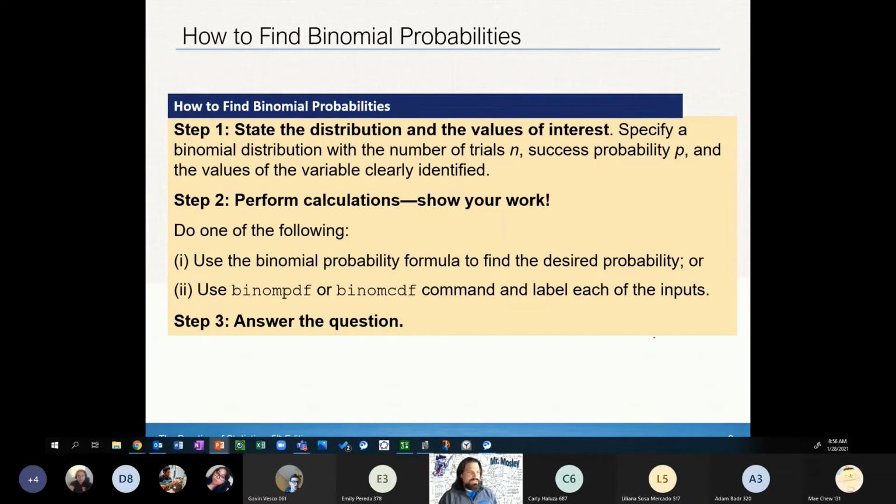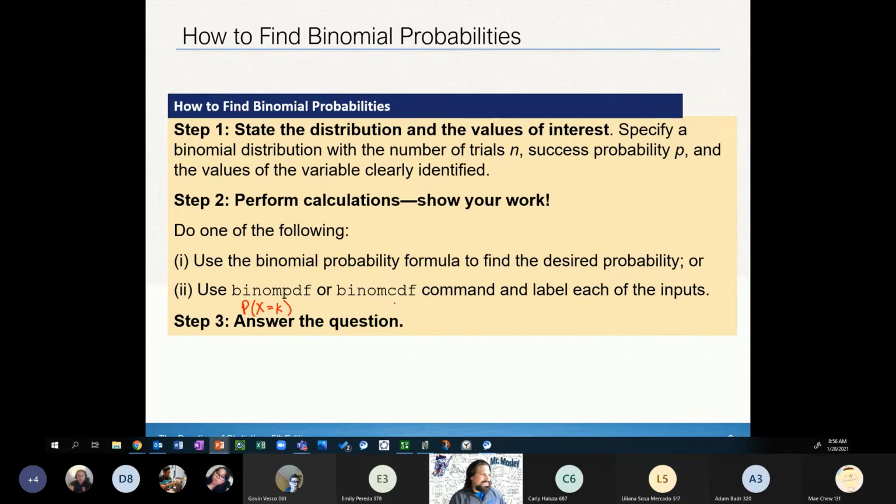So now, what does all this represent here? We have 2 separate functions, or commands, that we can use in our calculator. The binom PDF command we use if I want to know an exact value, so if I want to know the probability of x equaling k.